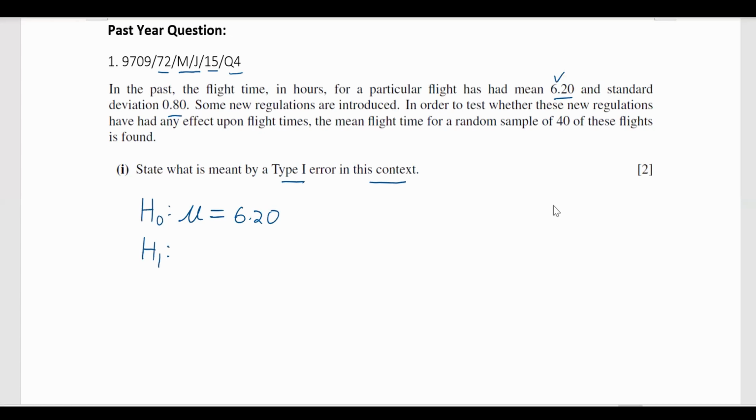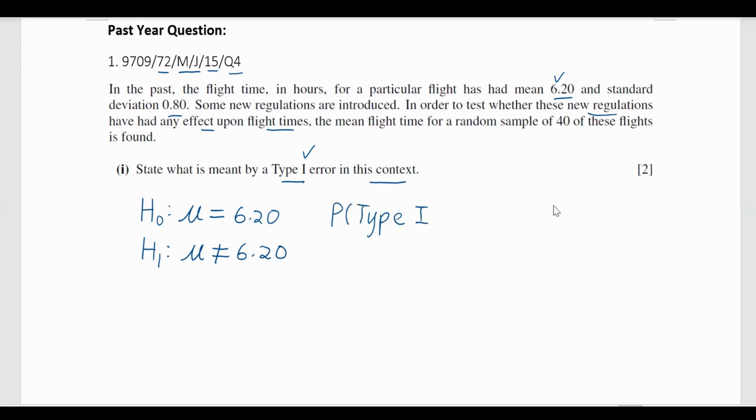But due to the new regulations, we want to see whether there is an effect upon the flight times. So H1 is going to be whether the mean is different or has changed. So it's supposed to be a two-tail test, not equal to 6.2. Then we come back to the type 1 error. Again, what does it mean by type 1 error?